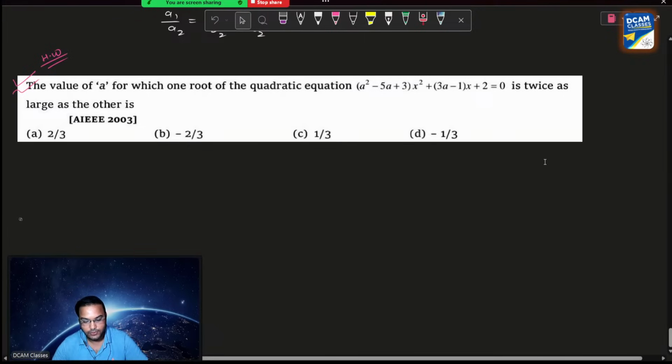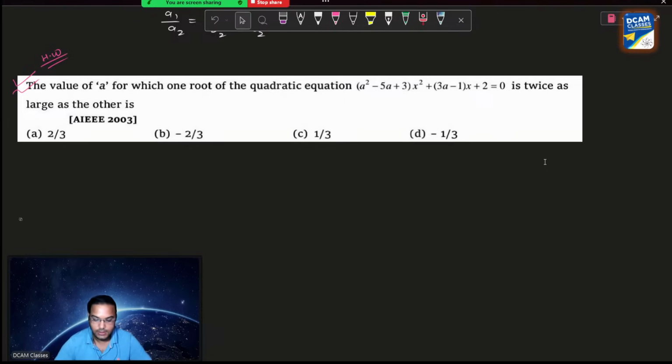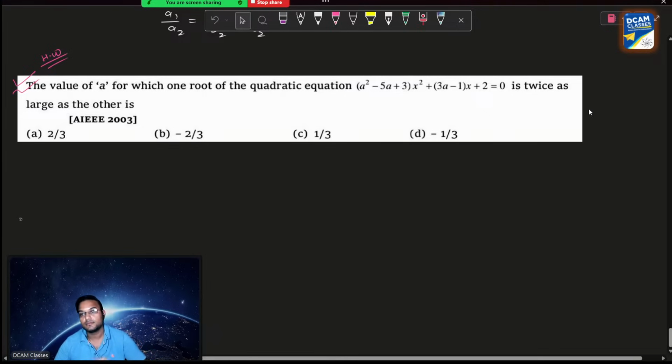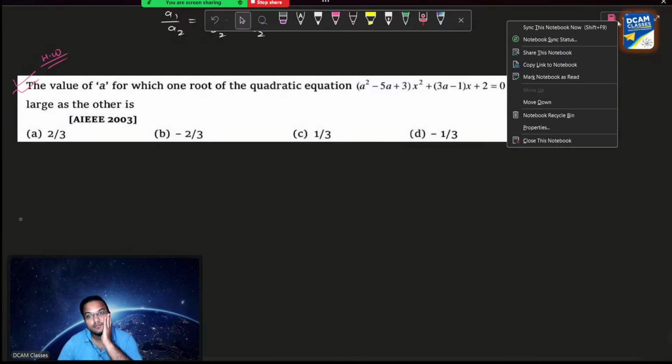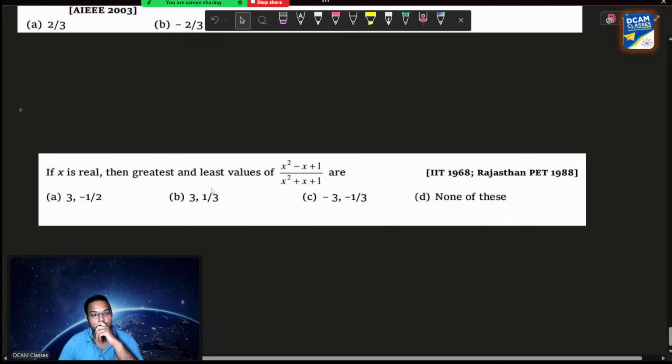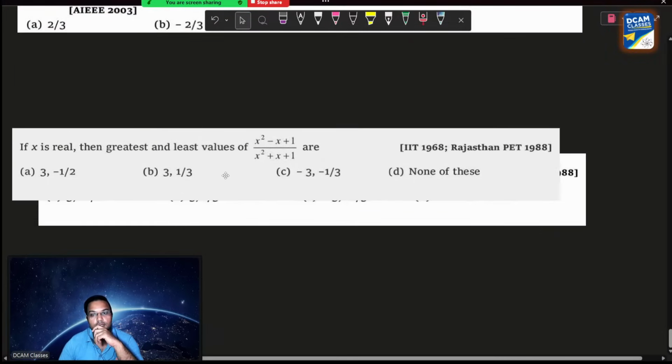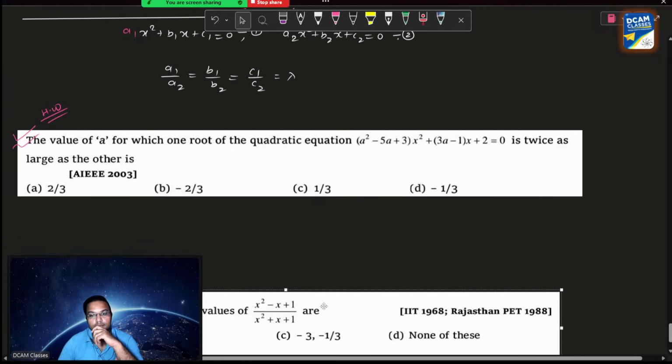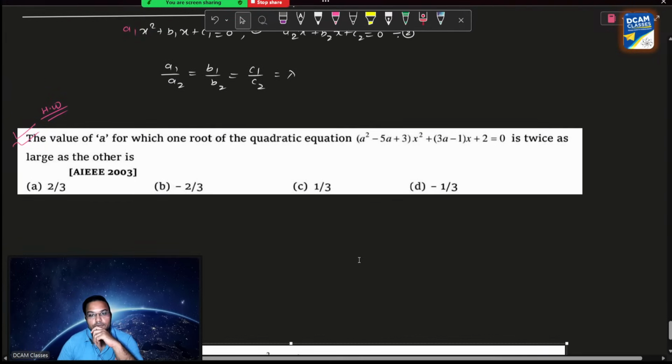I'm going to give you one more question. Acha, the question came now. Here it is. What about this one? Could you solve it or not?